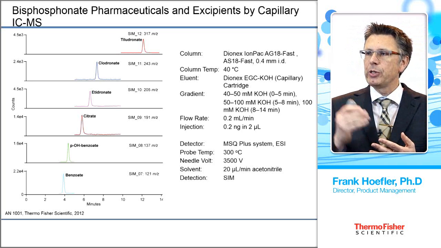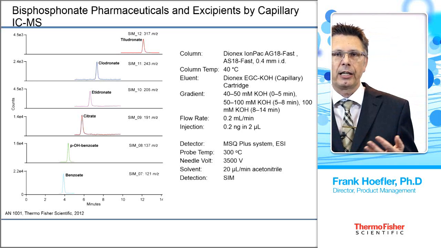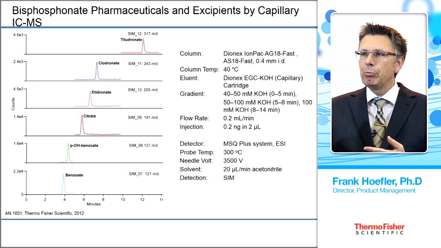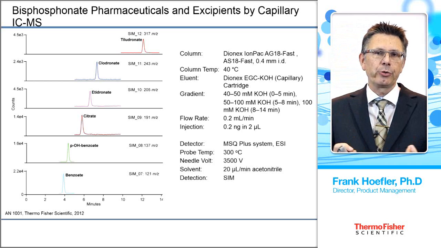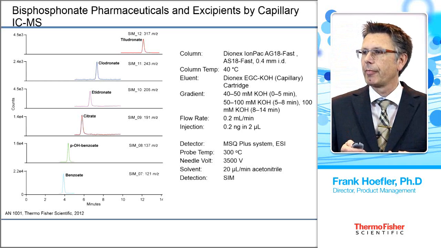We can, as we see here again, take advantage of the selective ion monitoring and really put all these analytes into different channels, which makes quantification and analysis very easy and straightforward.